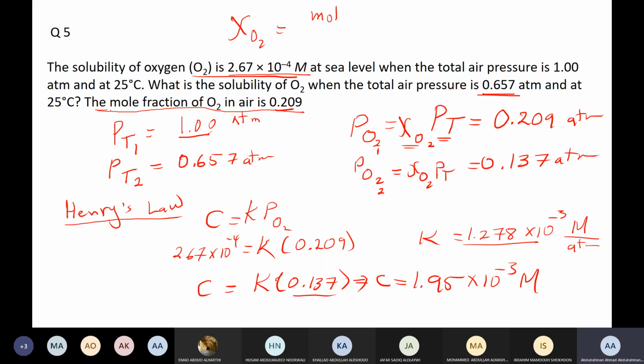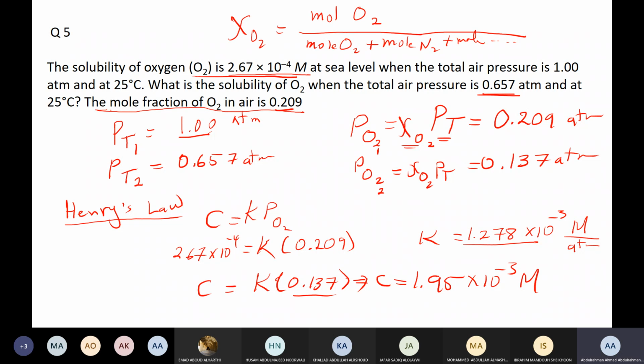You don't know the meaning of mole fraction in chapter 13? The mole fraction is the moles of O2 over moles of O2 plus moles of N2 plus moles of other gases, if there are other gases.